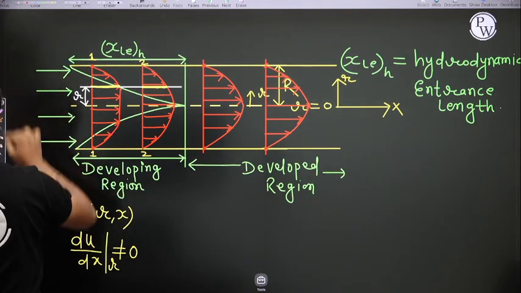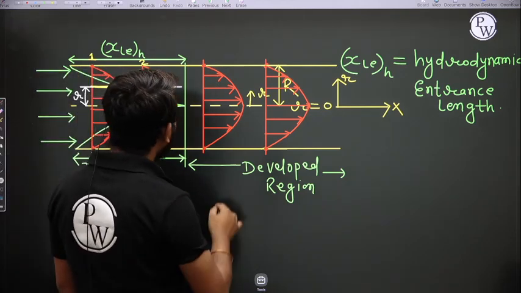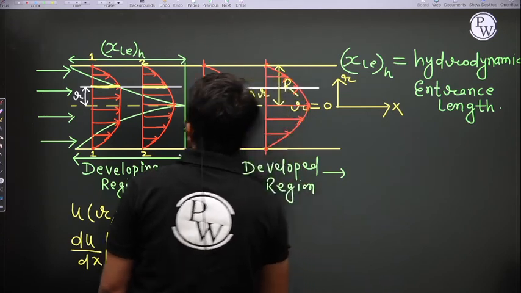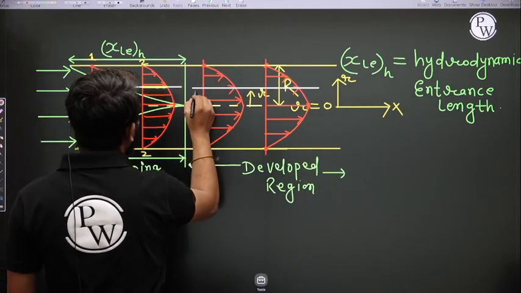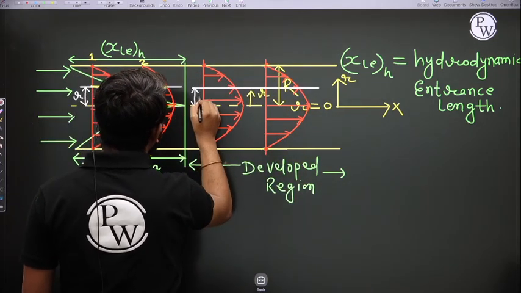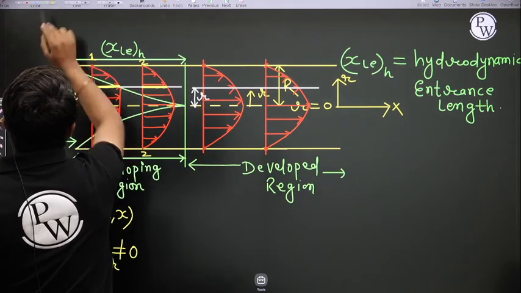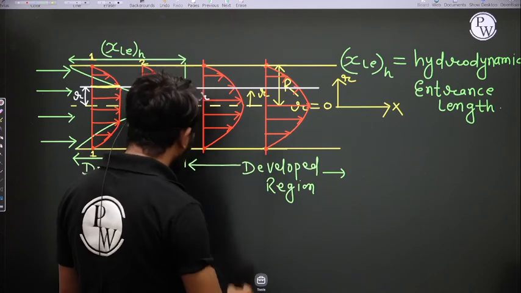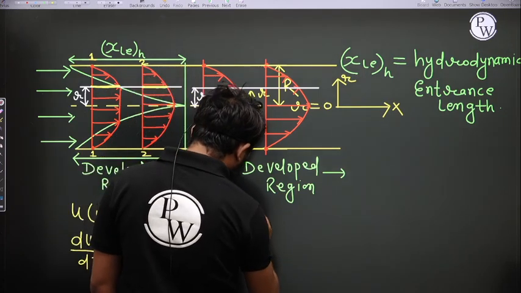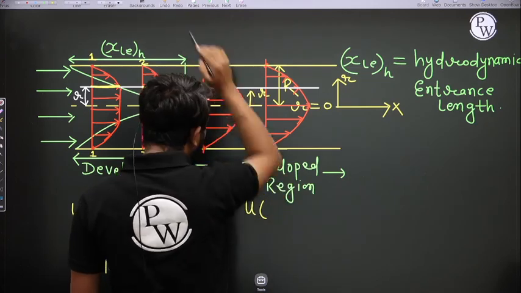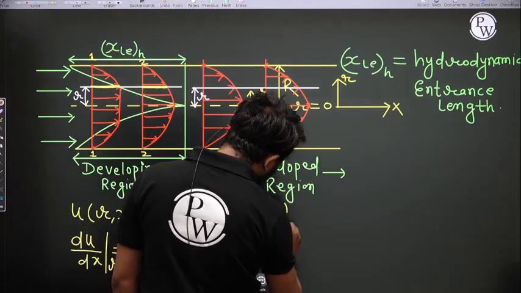And if I fix the radial distance, the r, then in the developed region, what we are observing is that u is a function of r only.